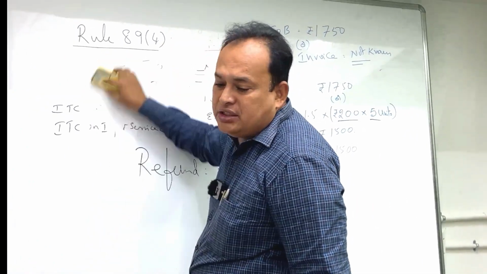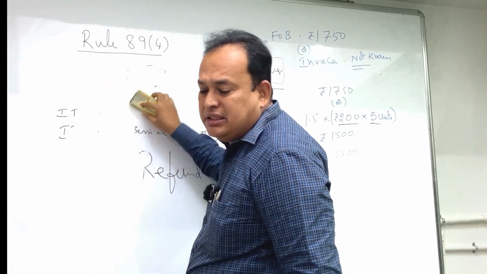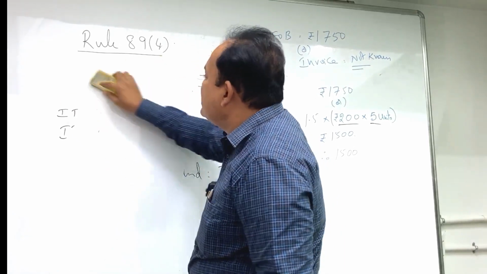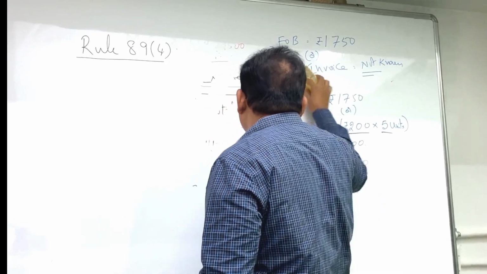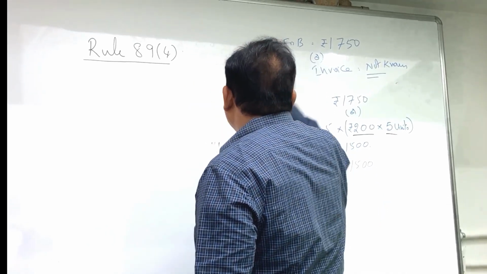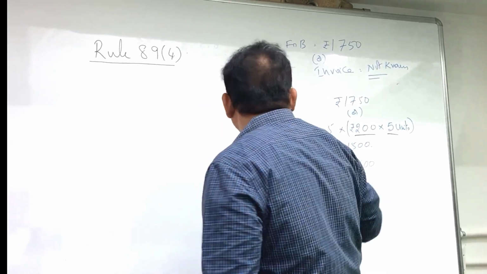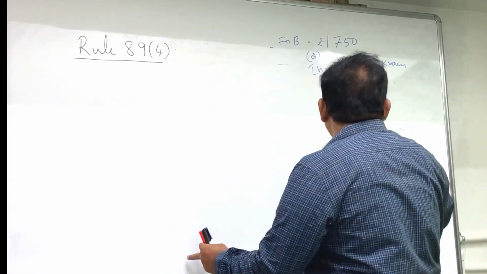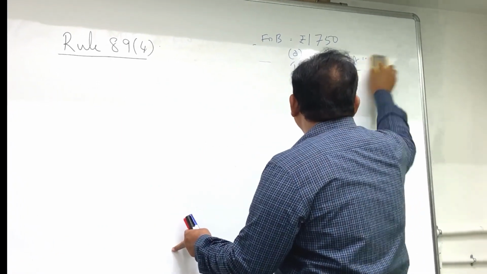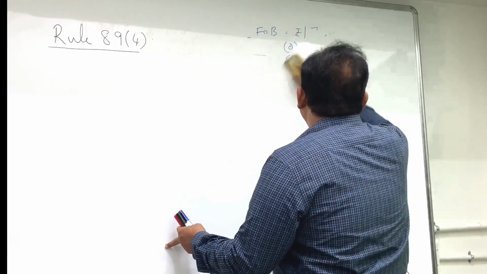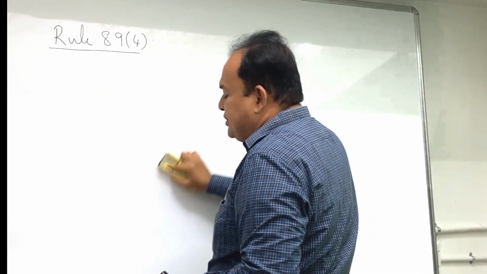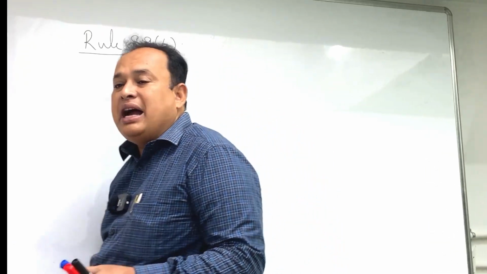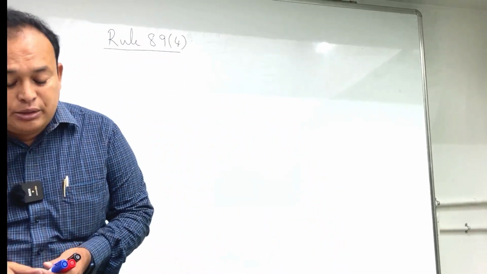Inverted rate of tax is where the duty structure provides an inverted duty, resultantly you have excess credit. That means my inward supply has a higher rate of tax, my outward supply has a lesser amount of tax. Resultantly, I wind up with an excess amount of input tax credit.